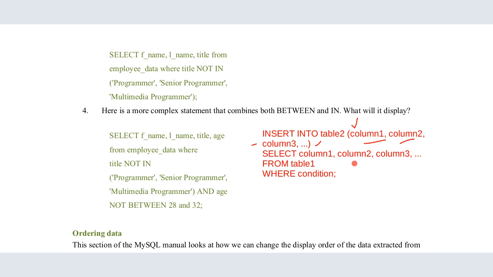So you are picking from table 1 and putting in table 2, using an insert and a select at the same time. Such a query will prove very, very important when you are handling triggers.